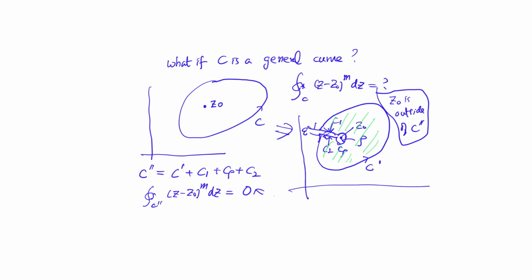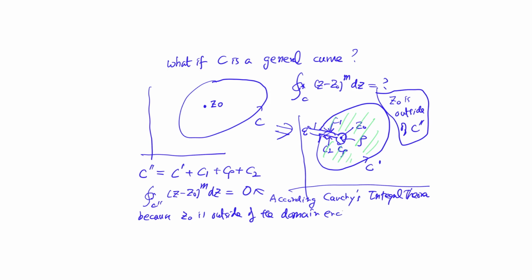According to integral theorem, because Z0 is outside of the domain enclosed by C double prime, right? Can you believe this? This is 0. Because this point is now outside of this curve, right?